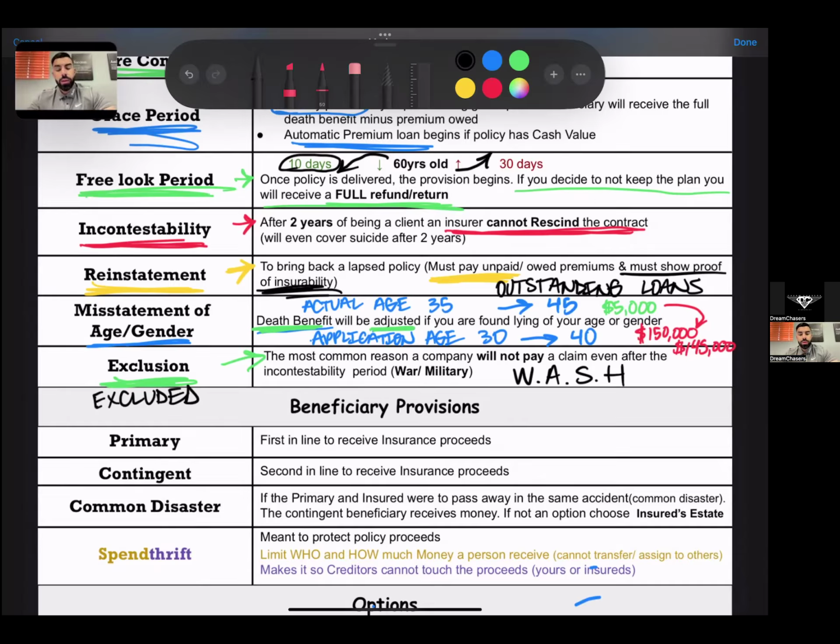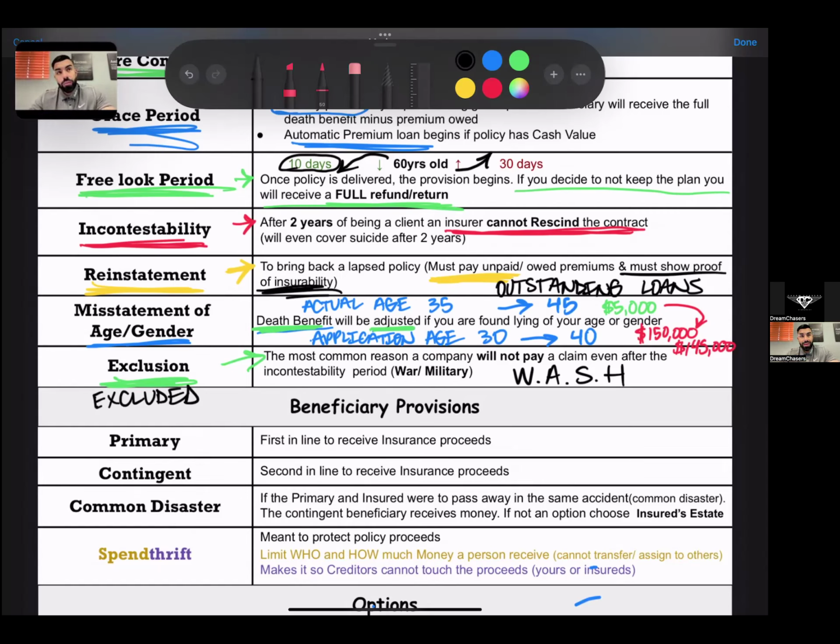The W stands for war or military, right? A lot of companies will not pay out a death benefit if the person passes away in war or military service.